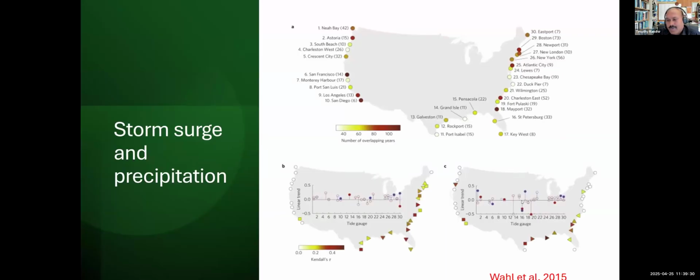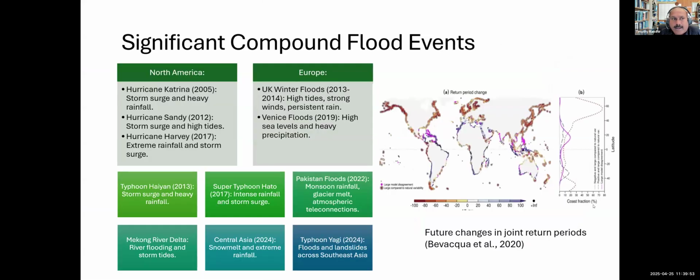So here is one assessment combining some of the storm surges with precipitation throughout the coastal regions of the US, and this essentially gives some sort of evaluation of how much is the vulnerability in terms of the combined influences of both storm surge and precipitation.